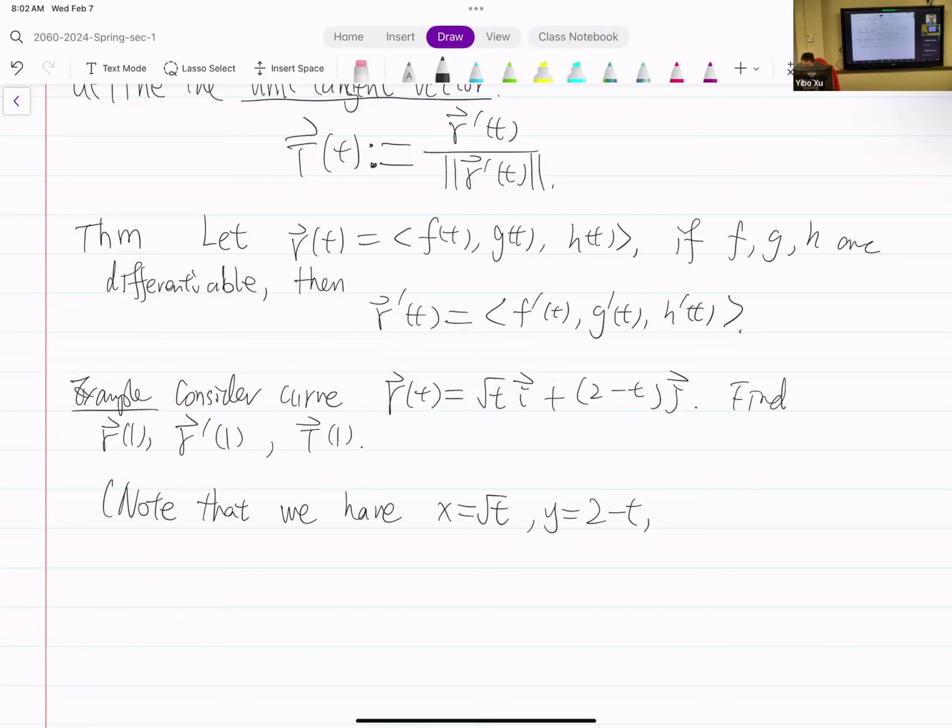So this is a parametric equation, right? But if you think about the relationship between x and y, I can eliminate t by saying t must equal x squared, and then substitute that into y.